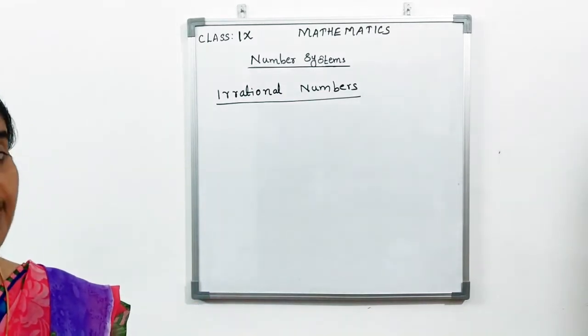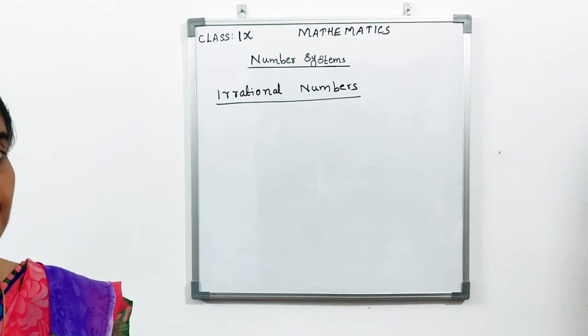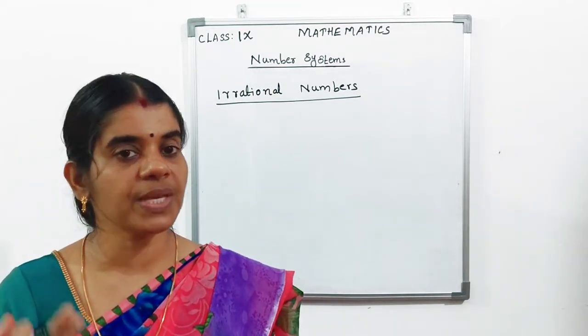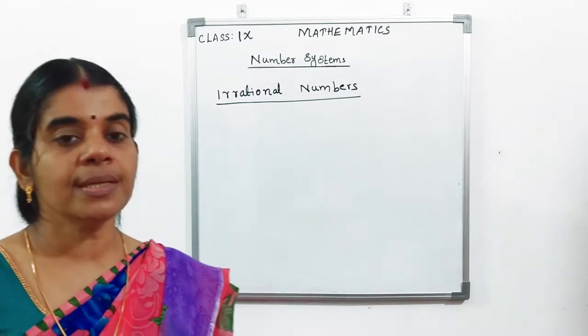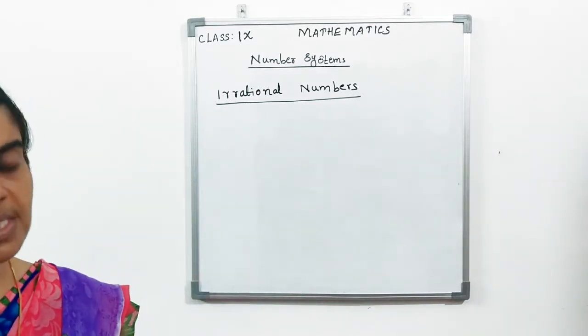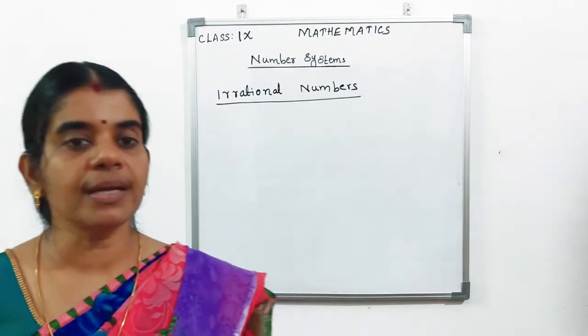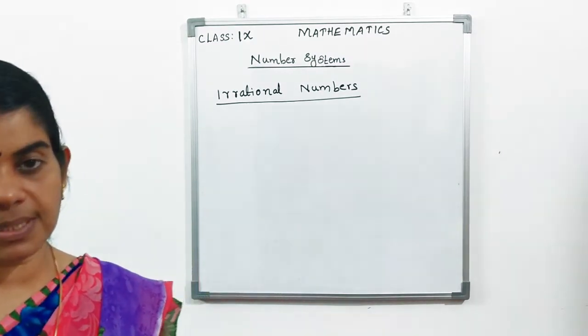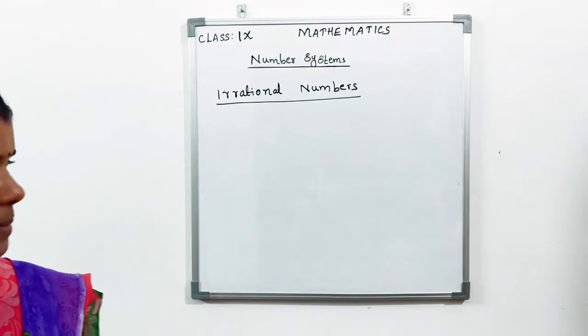We already studied rational numbers: all the integers come under the rational numbers, because all of them we can write in the form of P by Q. But the irrational numbers cannot be written in the form of P by Q, and those numbers are known as irrational numbers.